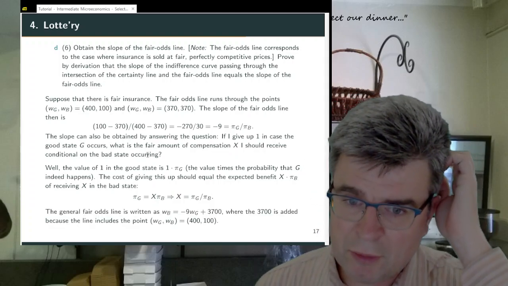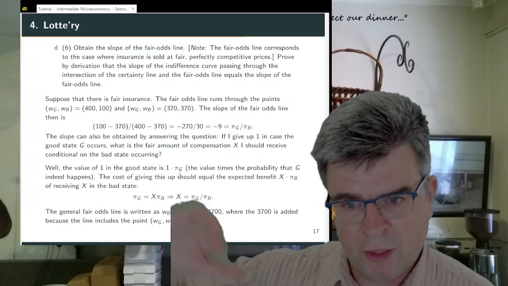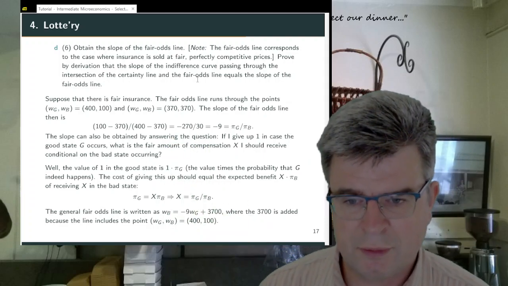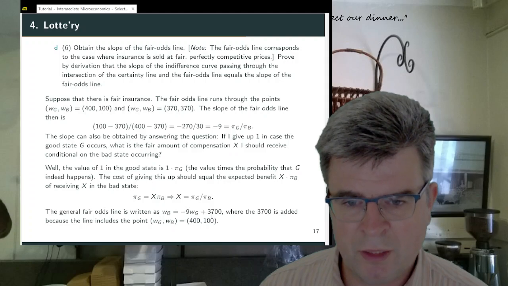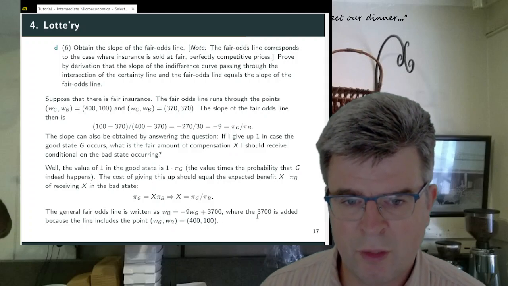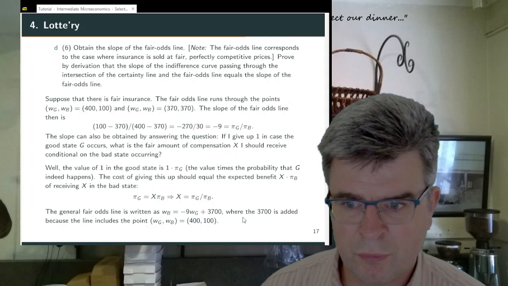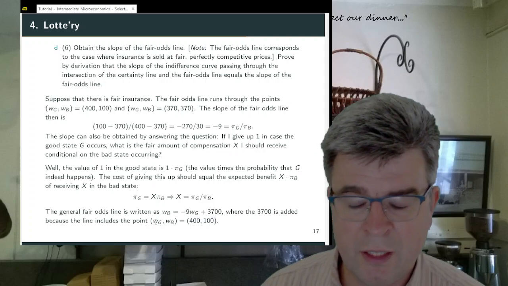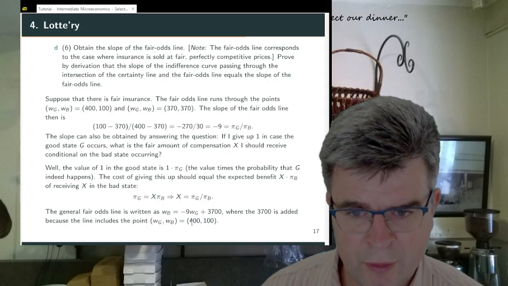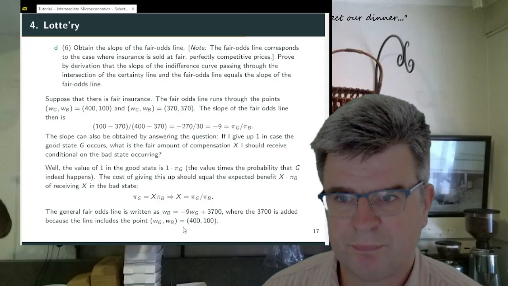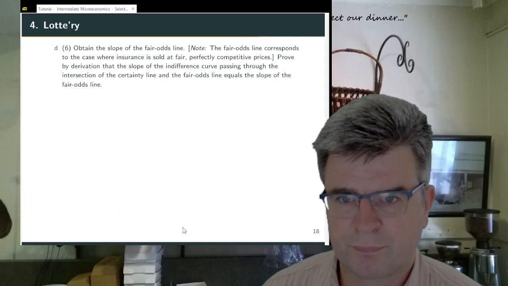And the general fair odds line can be written as this expression over here, where we add 3,700 because the initial point of Lotte needs to be included there as well.